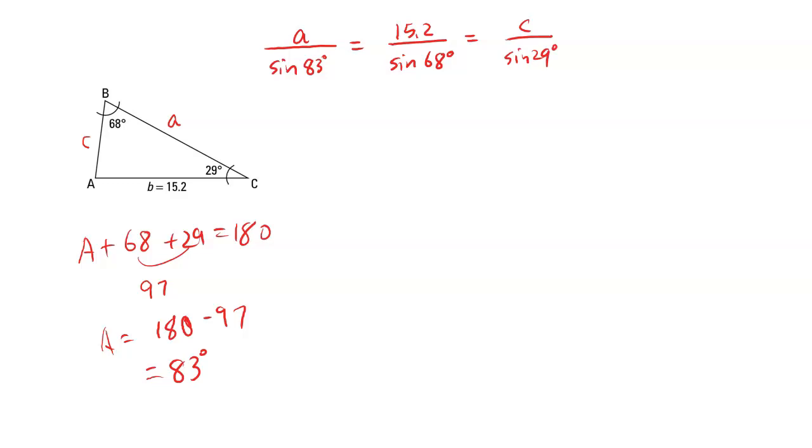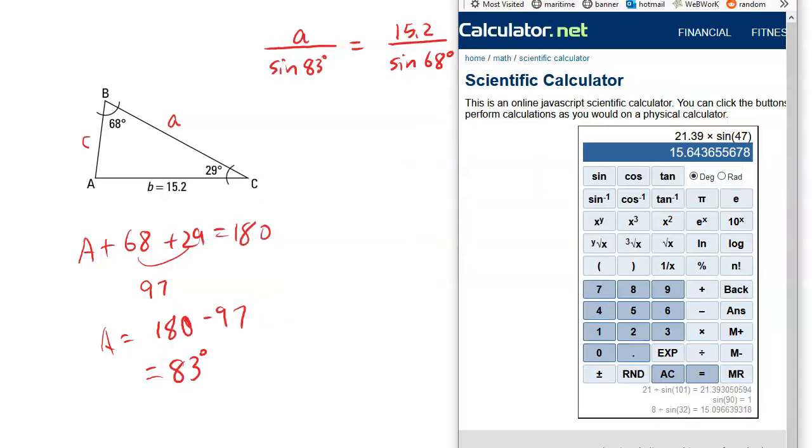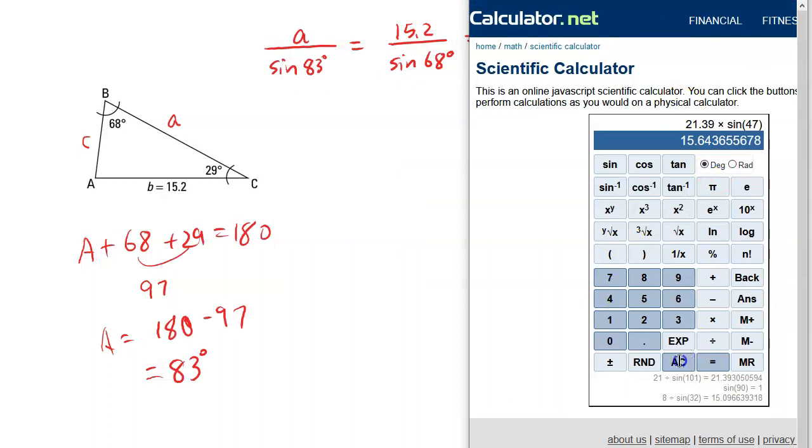Okay, this is the part that we do know, so let's use the calculator to calculate it. So we have 15.2 divided by sine of 68. 16.39.